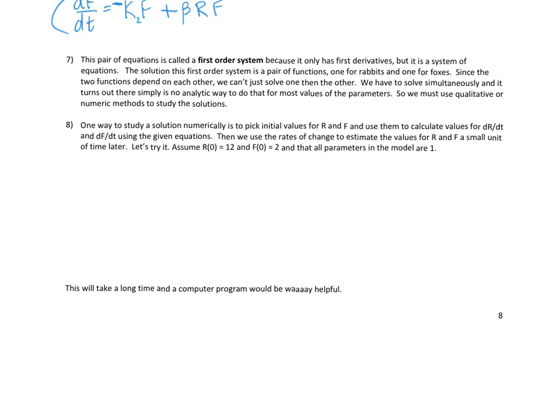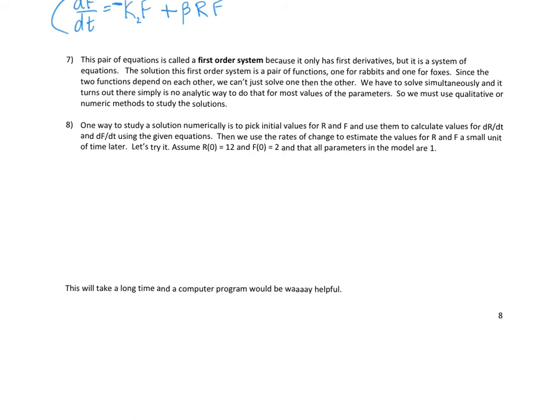So that tells me that dR/dt, the rate at which the rabbit population is growing, is going to be 12 minus 12 times 2, which is negative 12. And my units on dR/dt is going to be rabbit units over time units. So rabbits per whatever the time unit is.